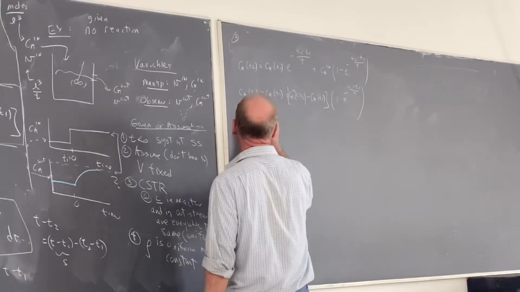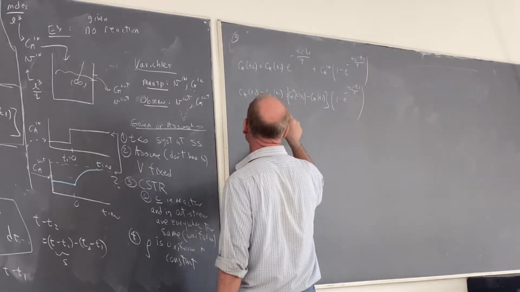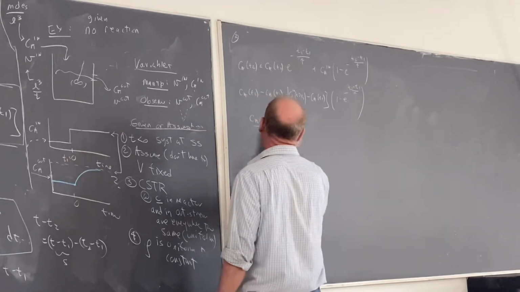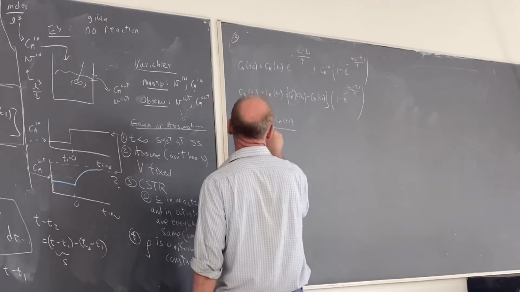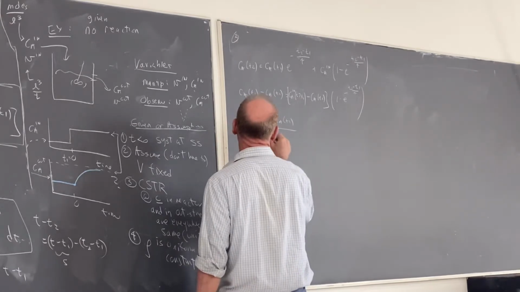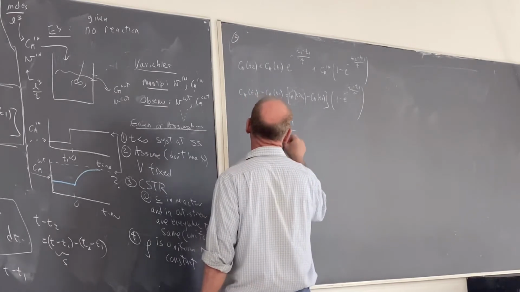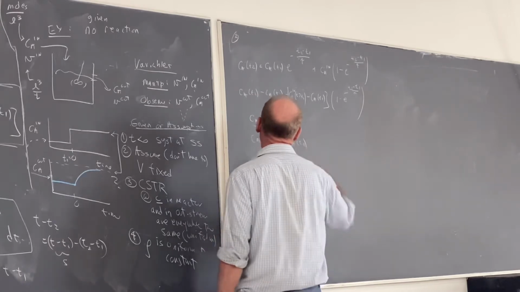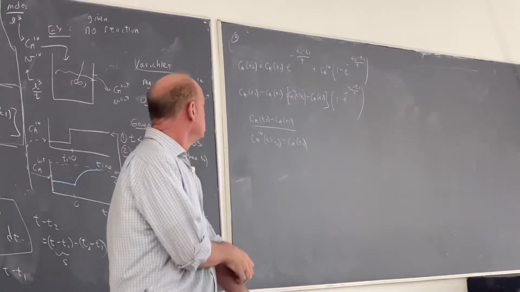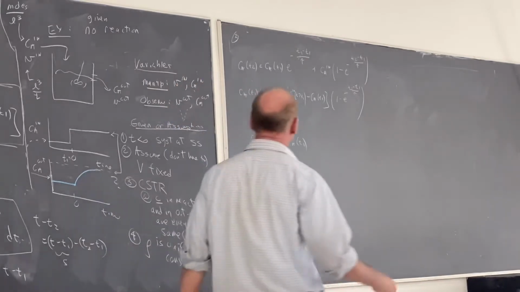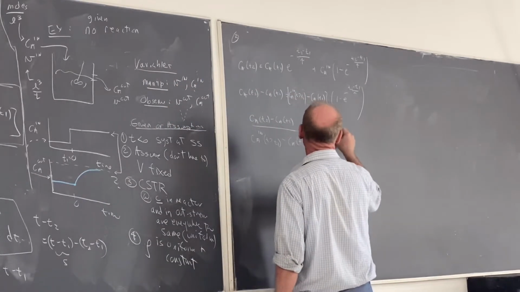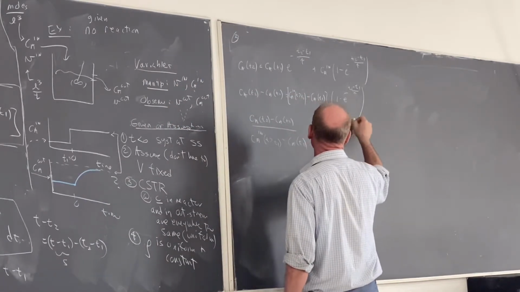And let's just notice, I can write CA at T2 minus CA at T1 divided by CA in for t greater than T1 minus CA of T1. And that's equal to 1 minus e to the minus (T2 minus T1) over tau.